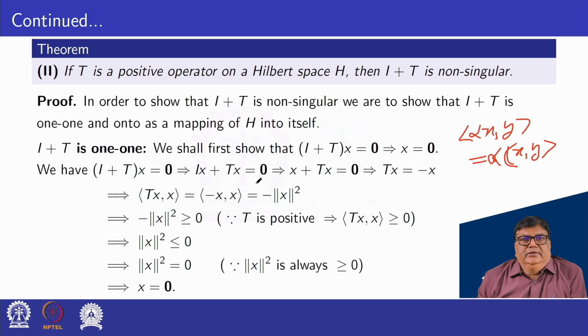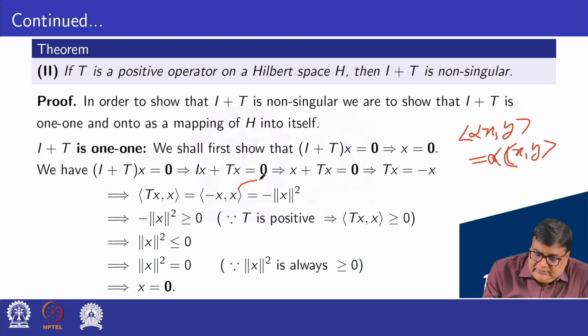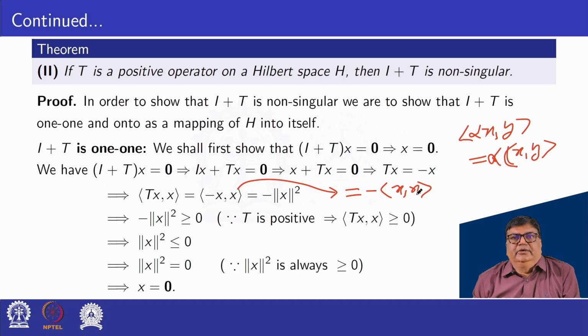So the minus comes outside, and this can be written as minus the inner product of x, x, that is norm x squared. So the inner product of Tx, x is equal to minus norm x squared.